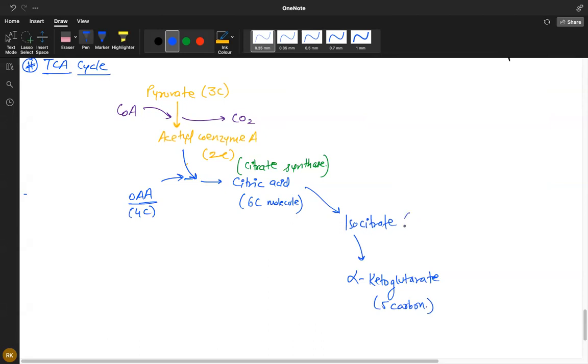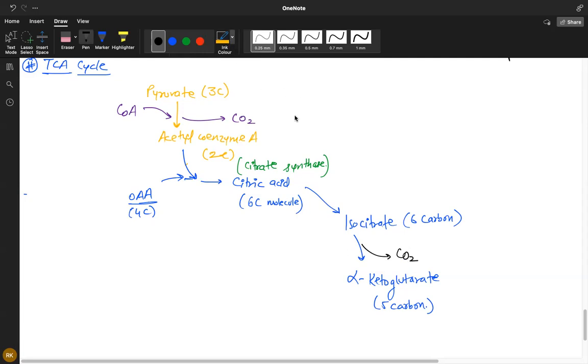Isocitrate is 6-carbon. So what happened in between? Something should go out. If from 6-carbon you are making a 5-carbon, what should go out? Carbon dioxide. Yes, CO2 should go out. So what goes out is CO2 at this step.